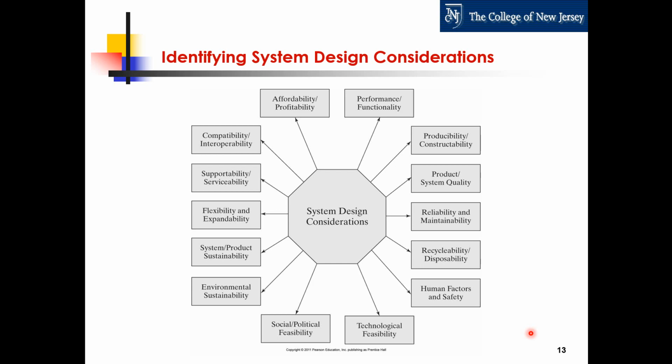The affordability and profitability, that's central to any real system. If we're doing something, you're getting paid for it, somebody's investing that funding so they can get something out of it. So there is a business aspect to it.